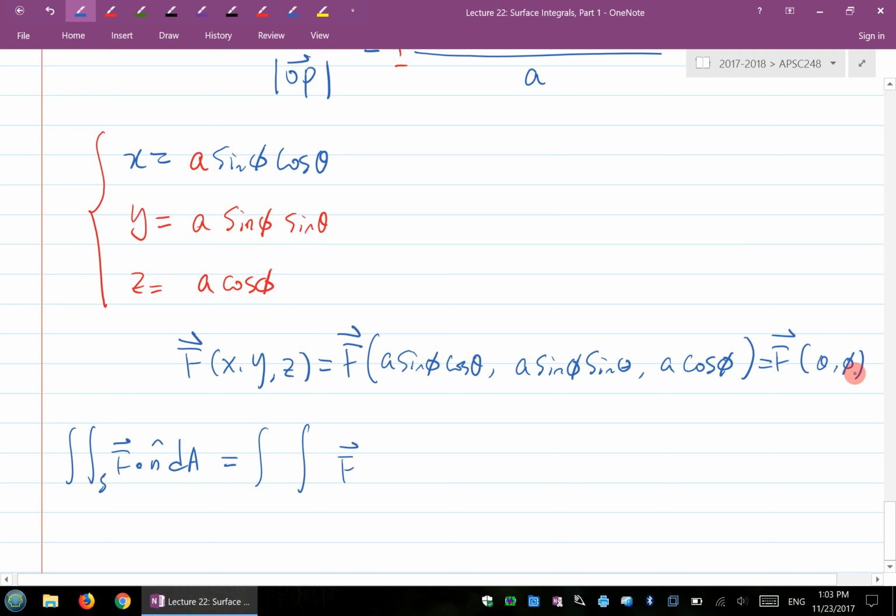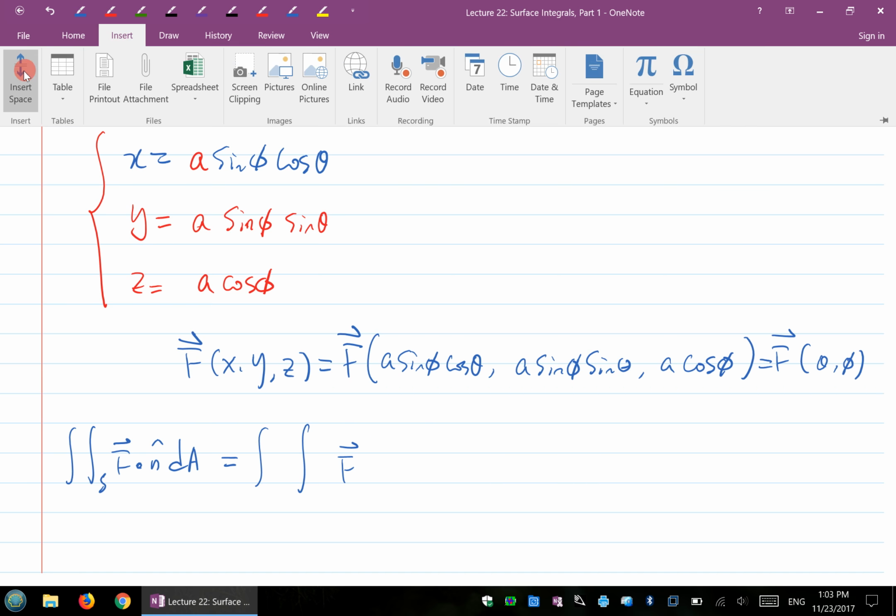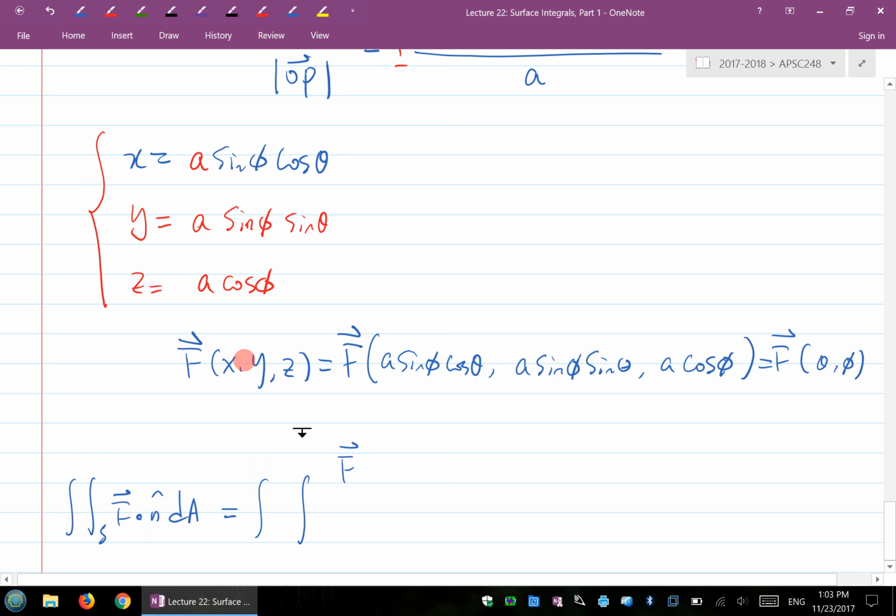Now F here, to be more specific, has three components, M, N, P, since it's a vector.